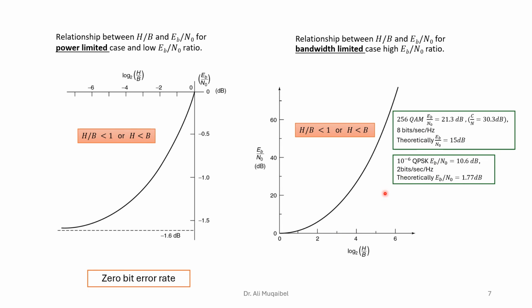If you look at 8 bits per second, you'll find that what you require is just 15 dB. So you can see that we are far away from these limits. We need coding to get closer to the bound. We'll be speaking about coding as we go on, because we want to get to the channel limit.